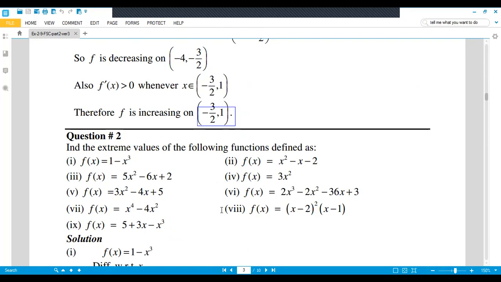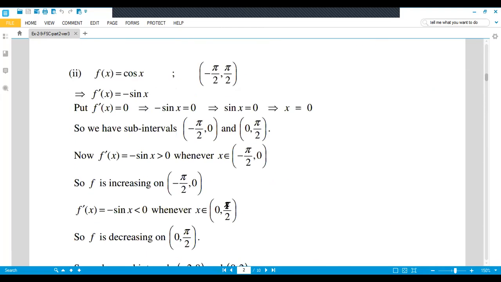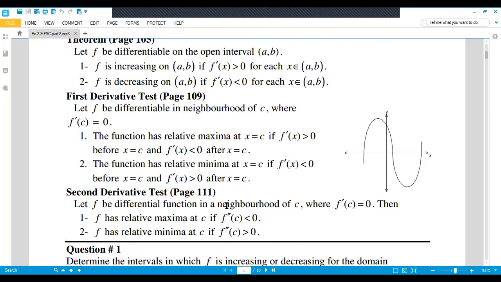Now, before going to question number two, we have to find how we can find the minimum and maximum value. Look, for this we will do the first derivative test. Let f be differentiable in a neighborhood of c, where f prime of c is equal to 0.